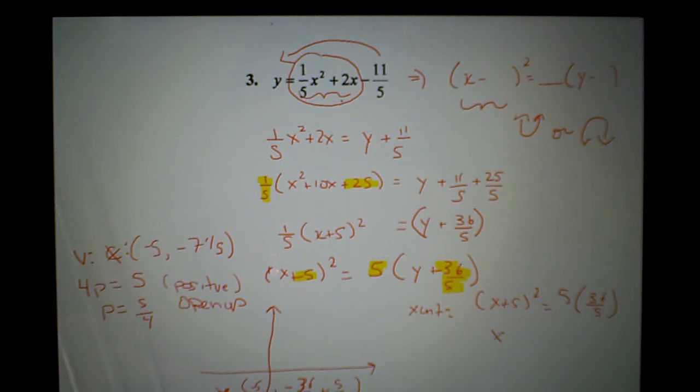So I have x plus 5 is going to be equal to plus or minus the square root of 36, or x is equal to plus or minus 6 minus 5, which means my x-intercepts are at -11 and 1.